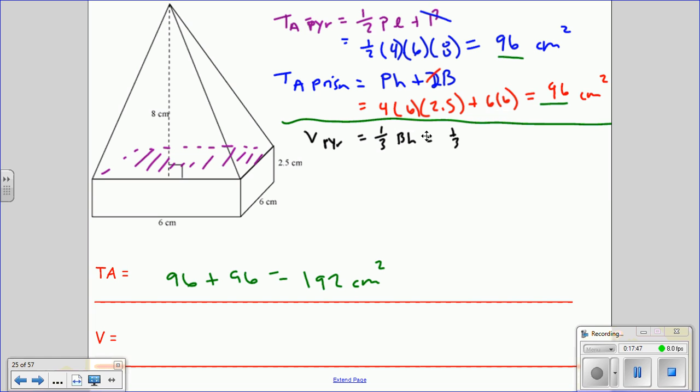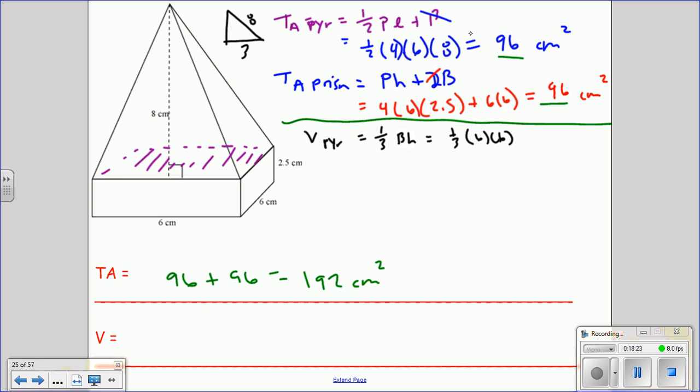So that's 1/3. The base of the pyramid is 6 times 6. And then the height of the pyramid we have to find. We're given the slant height, but we have to use the Pythagorean theorem and the slant height to find the 3D height. So the slant height is 8. Half of the base is 3.